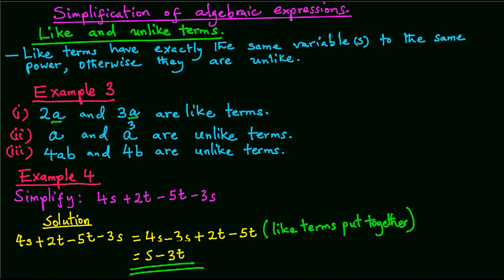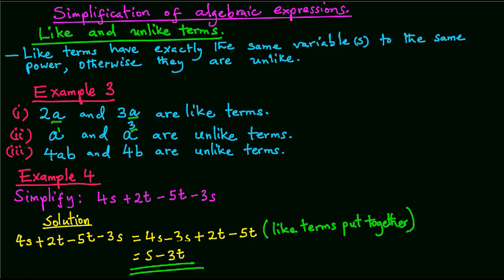In Roman 2, a and a cubed are unlike terms because even though they have the same variable, that is a, in the first case a is raised to power 1 and in the second case a is raised to power 3. So the powers are not the same.